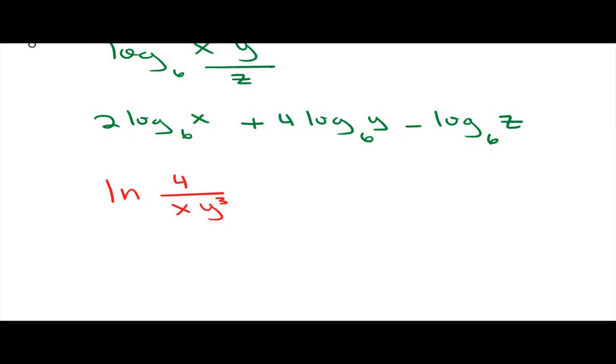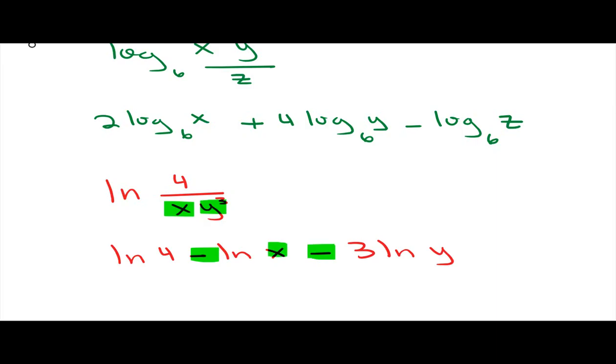If I were to expand this, this would be natural log 4 minus natural log x minus 3 natural log y. So you notice that these natural logs are negative because the x and the y to the 3rd are in the denominator here. And if we have any exponents, we move it to the front of the log.